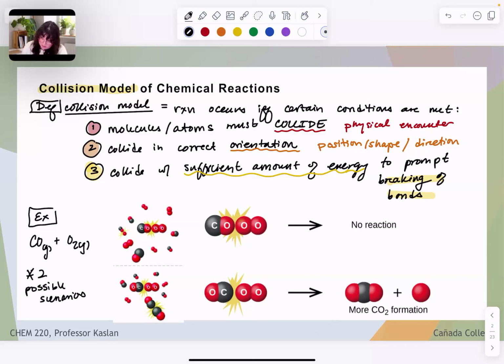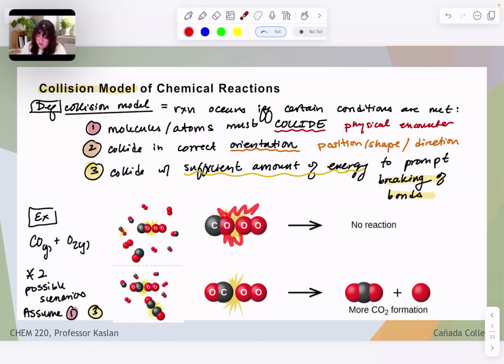So we are going to assume that 1 and 3 both happen, meaning we are going to assume that our molecules are going to find one another in 3D space and run into one another. And then we are also going to assume that once they run into one another, the amount of energy that's transferred from one molecule to the other is enough to break the bonds that were initially present.